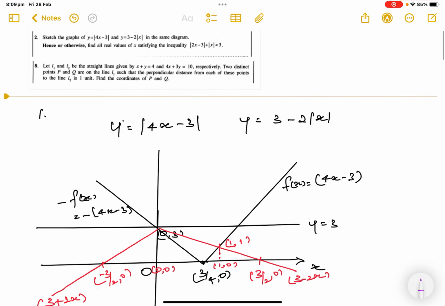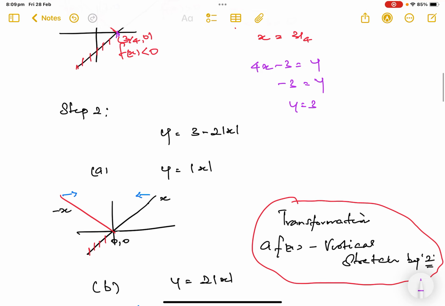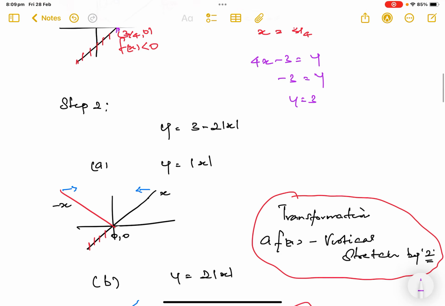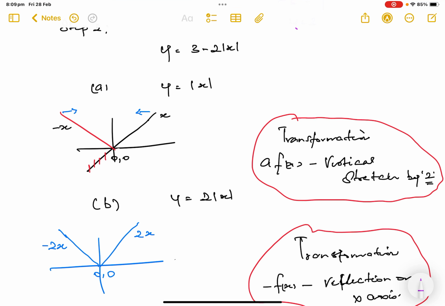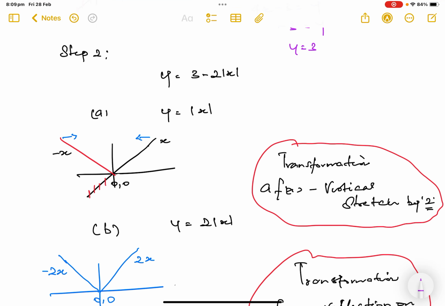Step 2, for y equals 3 minus 2 mod x. I just want to start from the step with the modulus of x. y equals x, but the modulus, as I said before, if f(x), which is x at the moment, is greater than or equal to 0, it is the same, so f(x) equals just x.